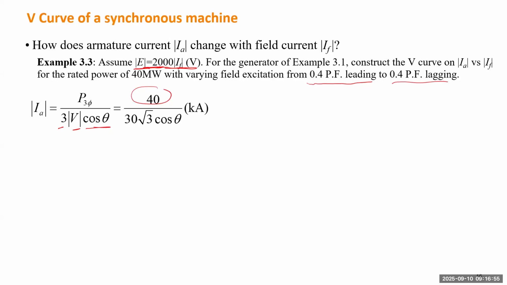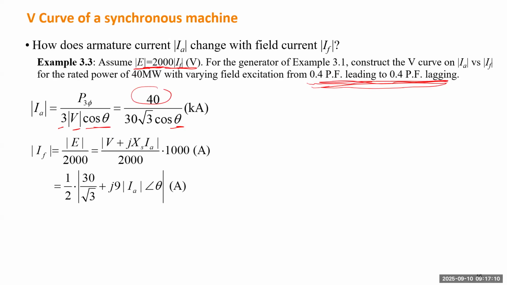So you see this armature current will be a function of power factor angle theta. So the only variable will be theta. If we know theta, we'll be able to calculate the armature current. The theta will be changing depending on the power factor. And the field current is simply proportional to the excitation voltage. Excitation voltage, based on the equivalent circuit, will depend on this one.